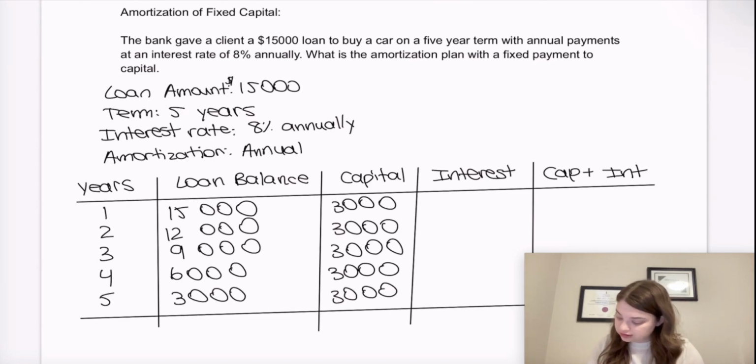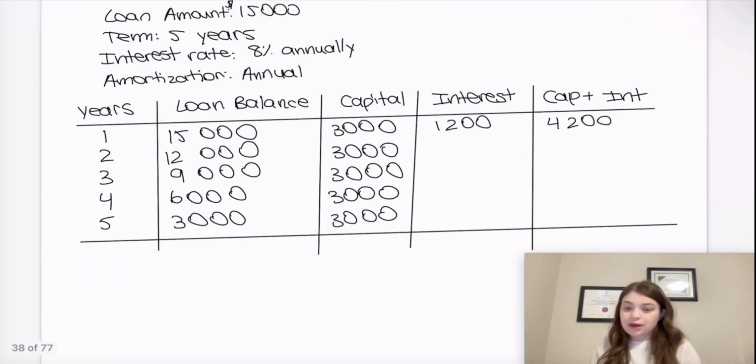So therefore, the interest on that first payment is $1,200. And then therefore the capital plus interest, so the amount we actually would have to pay for that first payment in year 1 is going to be $3,000 plus $1,200, which is $4,200.